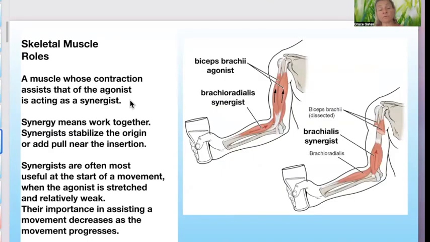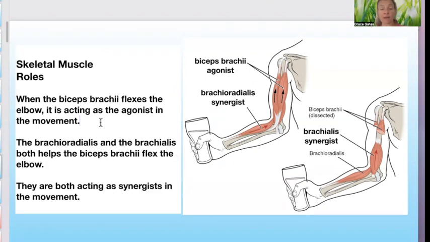A muscle whose contraction assists that of the agonist is acting as a synergist. Synergy means working together. Synergists stabilize the origin or add pull near the insertion. Synergists are often most useful at the start of a movement when the agonist is stretched and relatively weak. Their importance in assisting a movement decreases as the movement progresses.